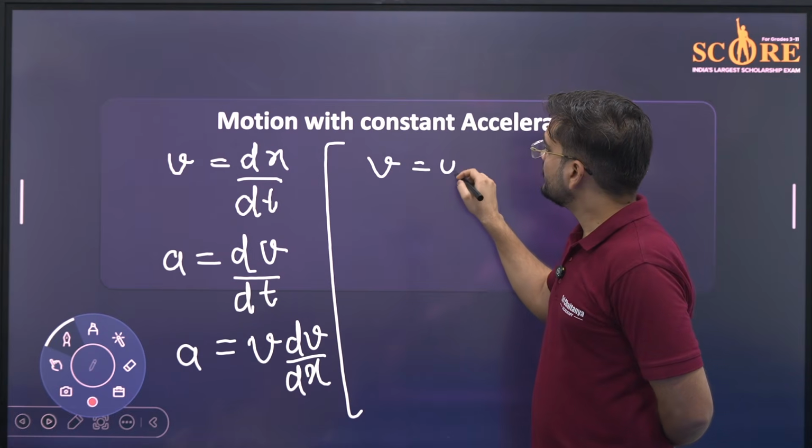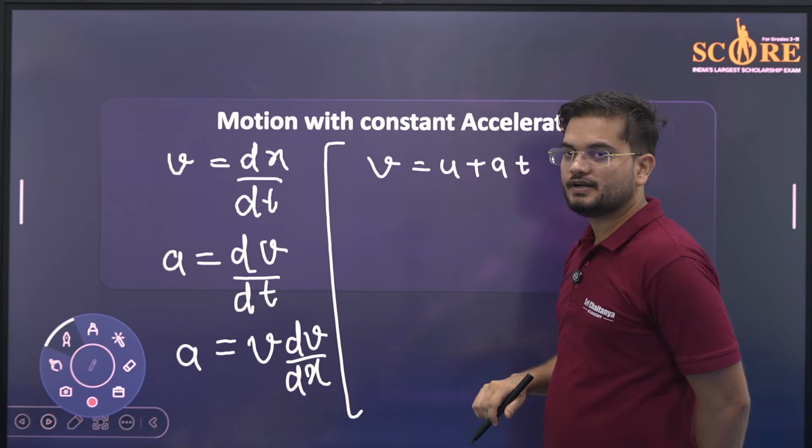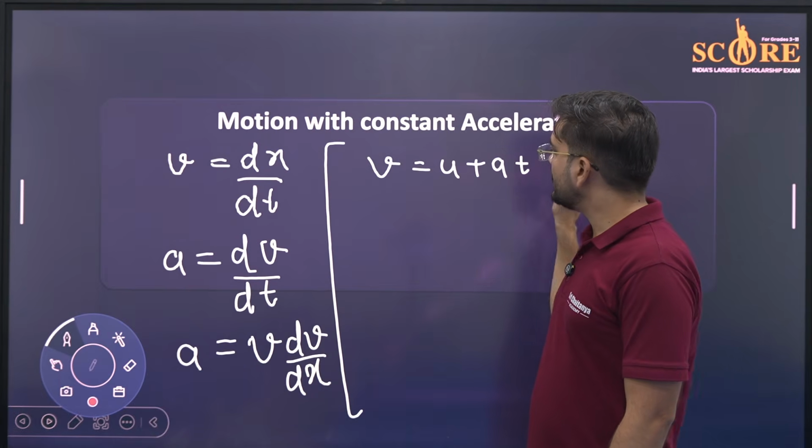The one is v is equal to u plus at. What is v, u, a and t?